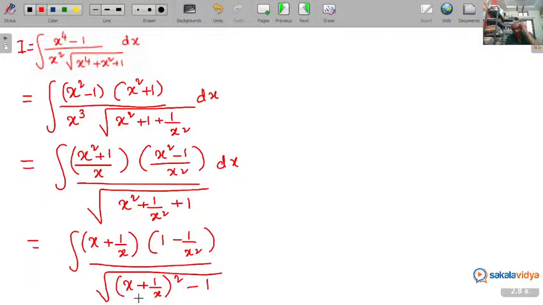This is actually x square plus 1 by x square plus 2 minus 1 plus 1. So now let us say (x plus 1 by x) whole square minus 1 is equal to t.